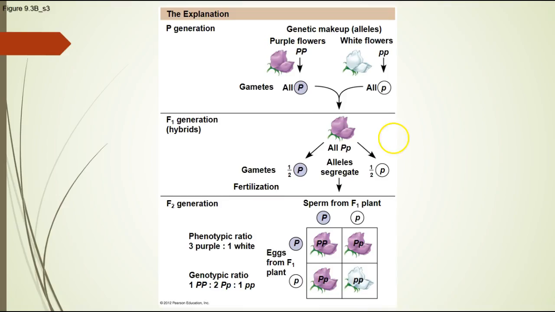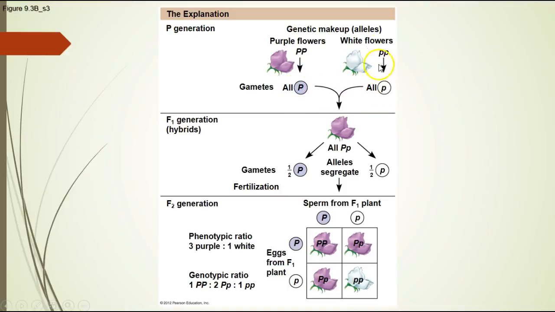Okay, so now let's look at the diagram again, looking at the alleles and a Punnett square. Okay, so here are our parent generation with our true breeding purple flowered and white flowered plants. Every gamete that is produced in the purple flower would have that capital P, or the dominant purple allele.